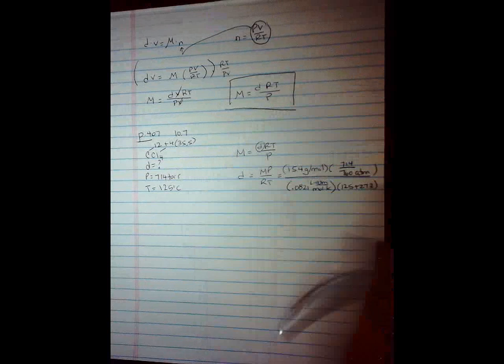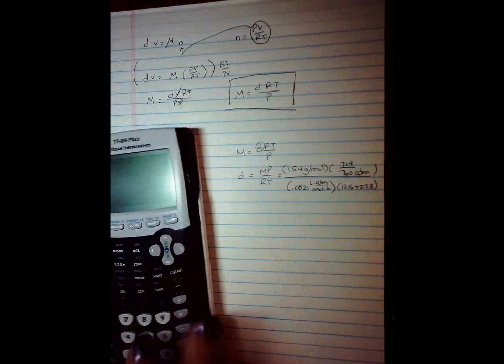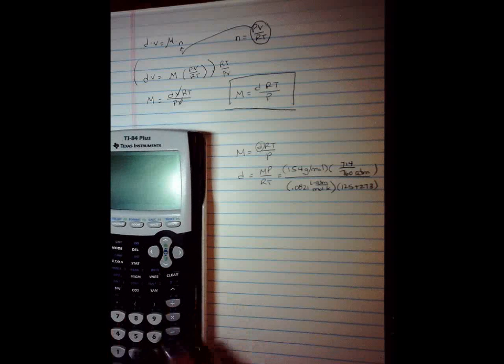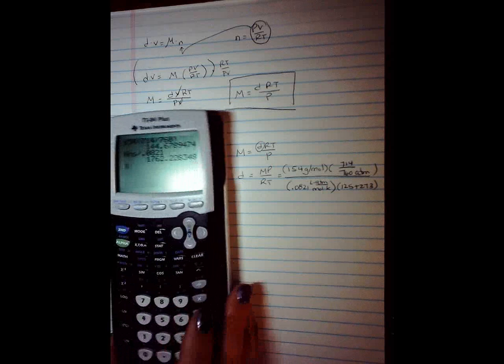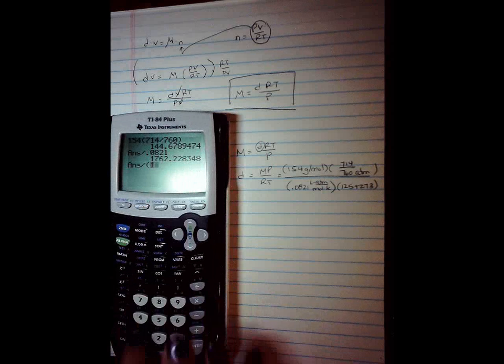So once I've got everything substituted in and I know how I'm going to change these units, then I enter it into my calculator all at once. So I do 154 times 714 over 760. I'm going to take that answer divided by 0.0821. Okay? And I'm going to take that answer and divide it by 125 plus 273.